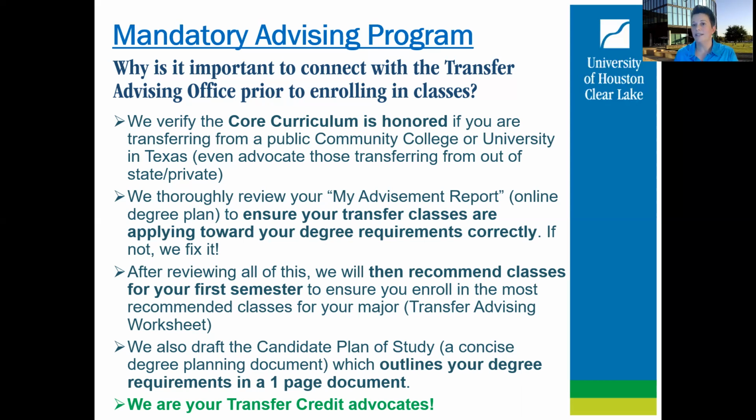So there will be classes like that you'll see that my advisors will say, get your syllabus. And the reason for that is because we want to advocate for you. So again, if you're coming from a school not from the state of Texas, a public school, then those are some additional things that we may ask you to do, just to help you to get credit for things that you've earned.